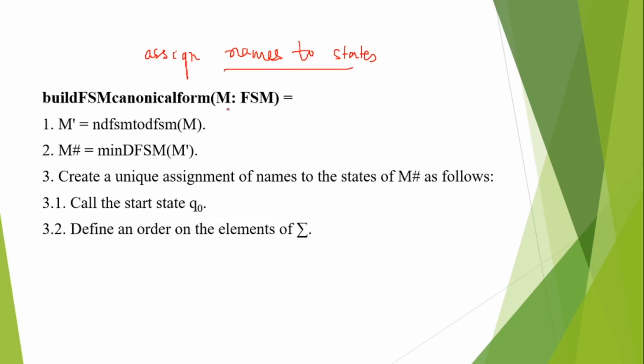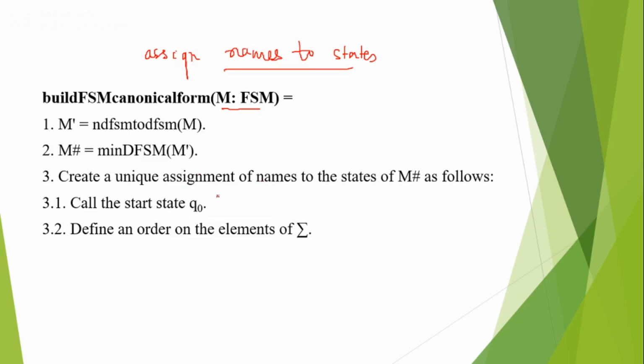Now, what is the input for the function? It is a machine. If the machine is an NDFSM, convert it to a DFSM. Once converted, minimize the DFSM so that the number of states is reduced. After that, create a unique assignment of names to the states of M#.